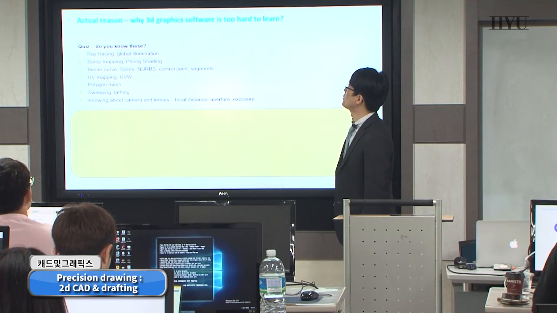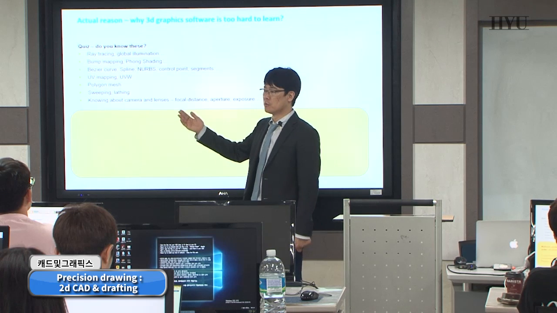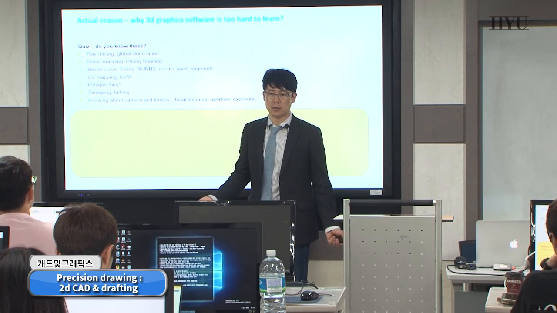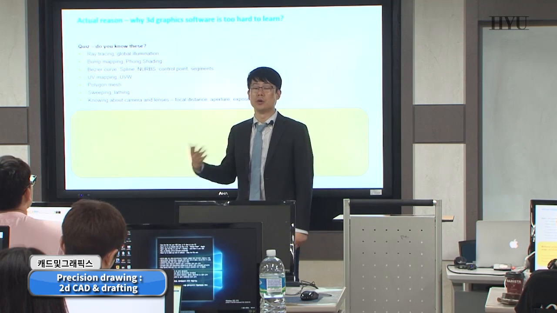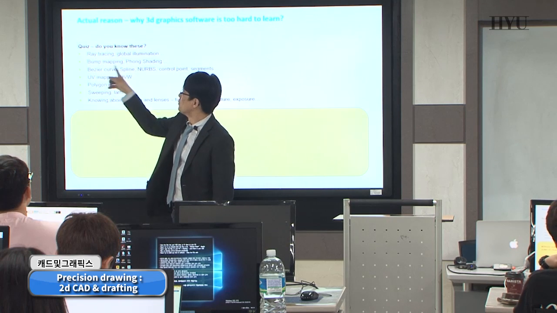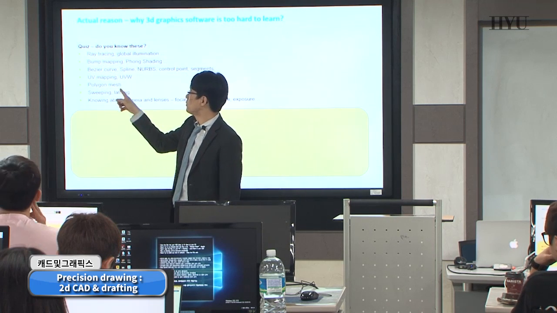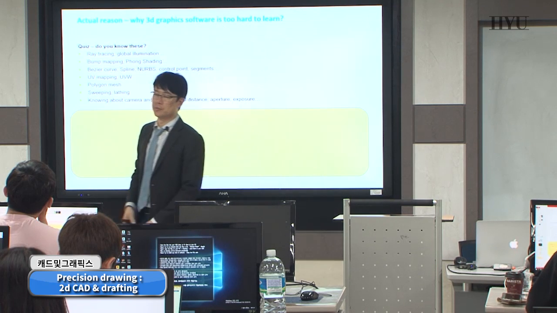Why is 3D graphics software too hard to learn? Why do you feel Rhino looks complicated? Why do you feel even SketchUp is difficult to learn? Okay, do you know these? Ray tracing, bump mapping, UVW, polygon, sweeping, camera and lens, and so on.